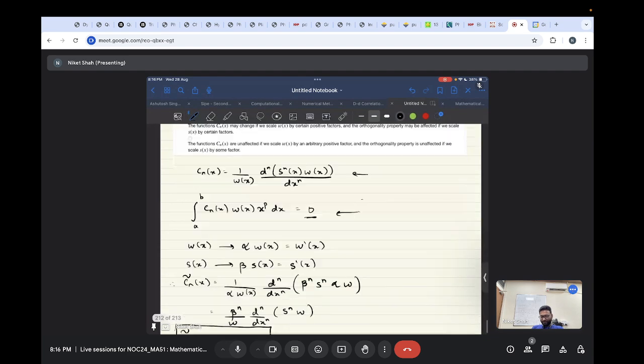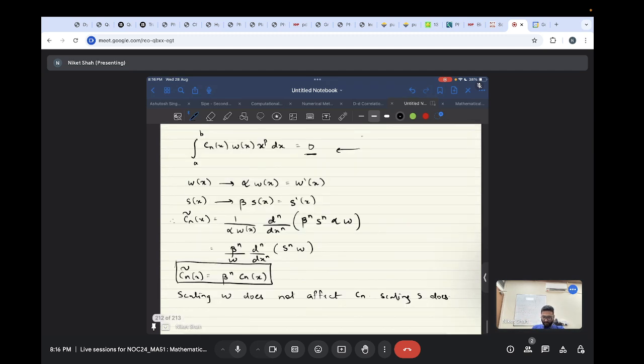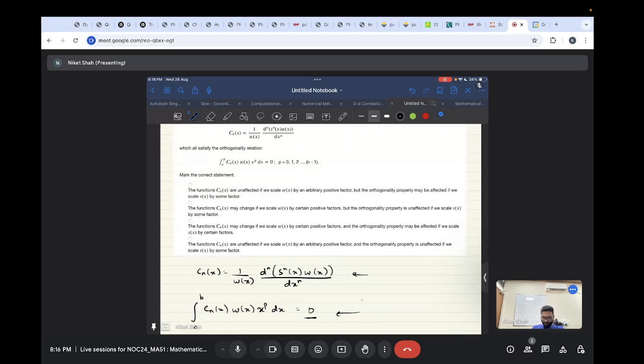So that's your answer. Accordingly, you can choose any of the options. Cn may change if we scale W by certain positive factors. It's about S, not W. So option 4 seems to be the correct one.